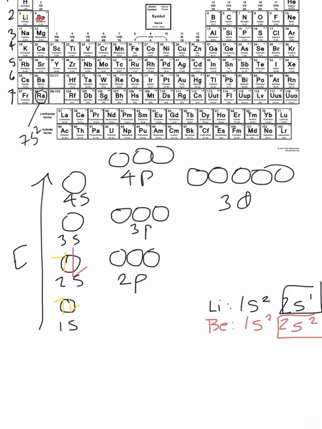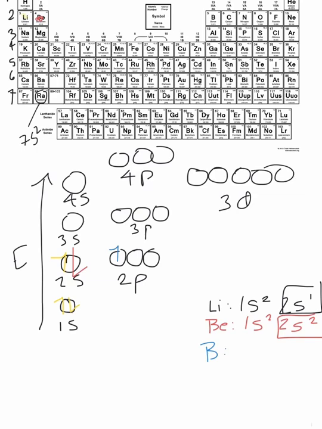If we look at boron, boron has 5 protons, which means that boron would need 5 electrons to balance out and make a neutral atom. So if we were to place another electron in boron, we would put it in the 2p orbital. So we would have 1 electron hanging out in the 2p orbital.